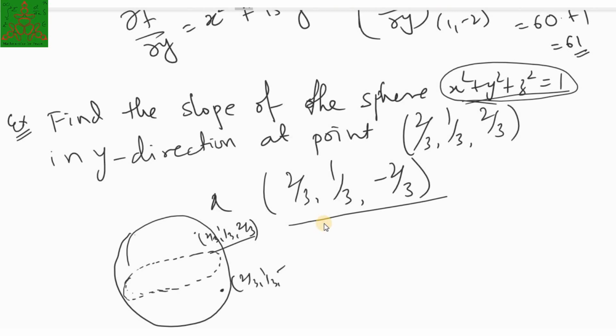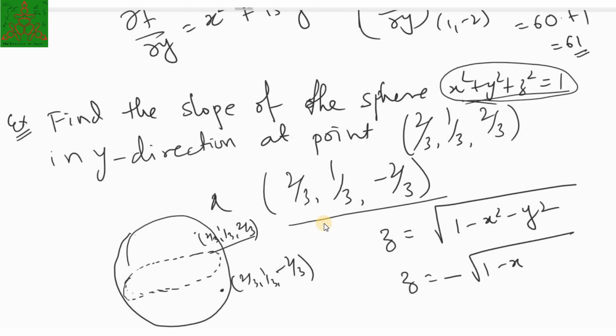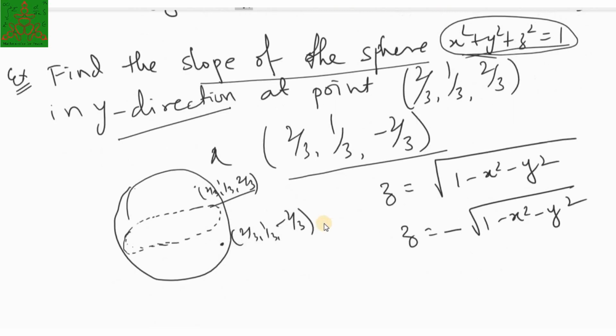That's why this function will divide into two parts. The first one is z = √(1 - x² - y²), and the other one is z = -√(1 - x² - y²). We need to find the slope of this surface in the y direction.